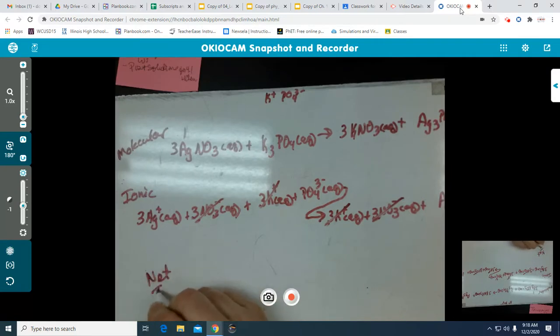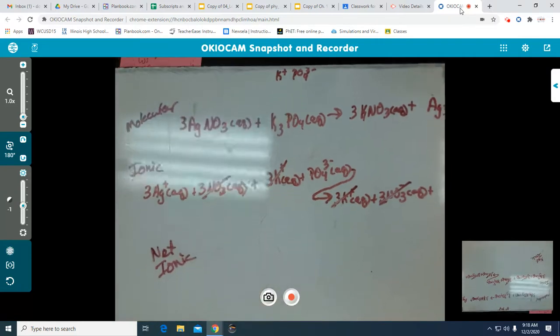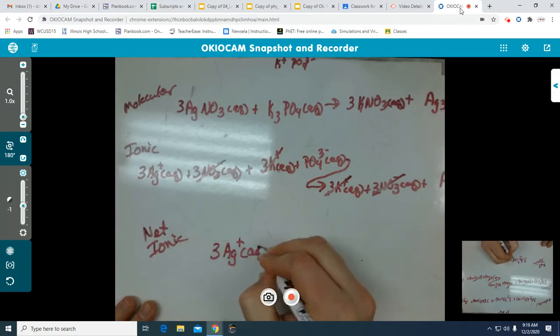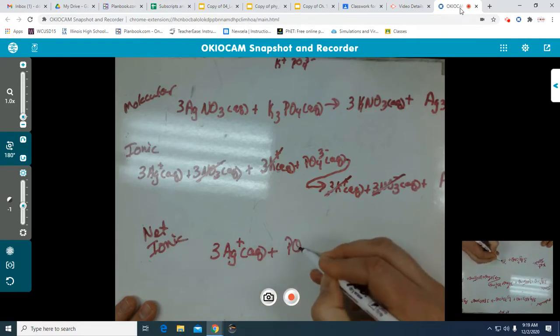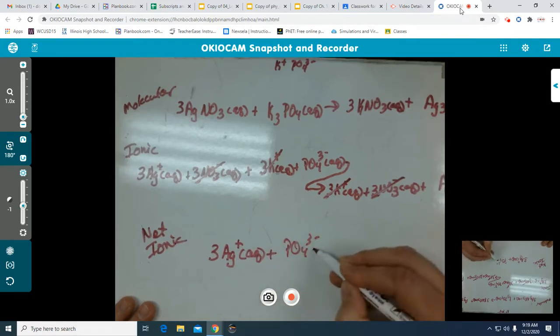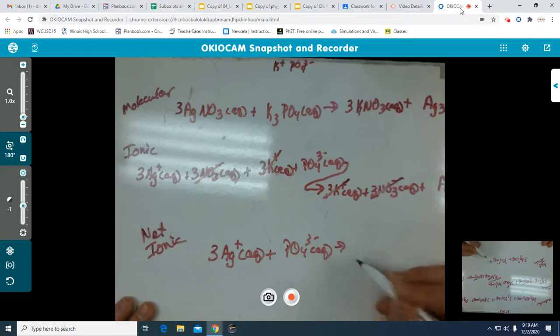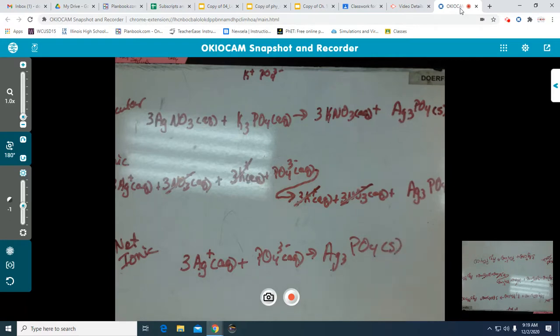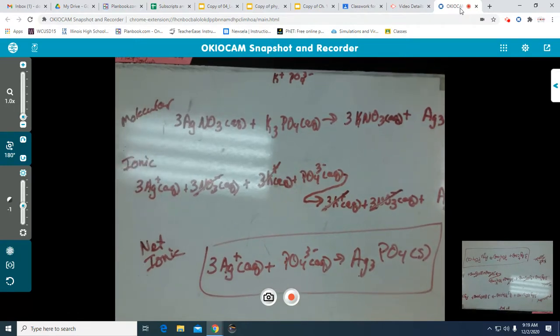The last thing we need to do is write our net ionic equation. We just rewrite what is left: 3Ag+ aqueous plus PO4 3- aqueous yields Ag3PO4 solid. And this is your net ionic equation.